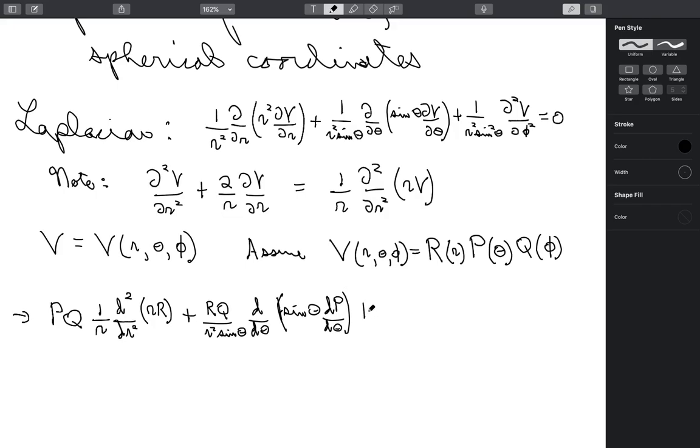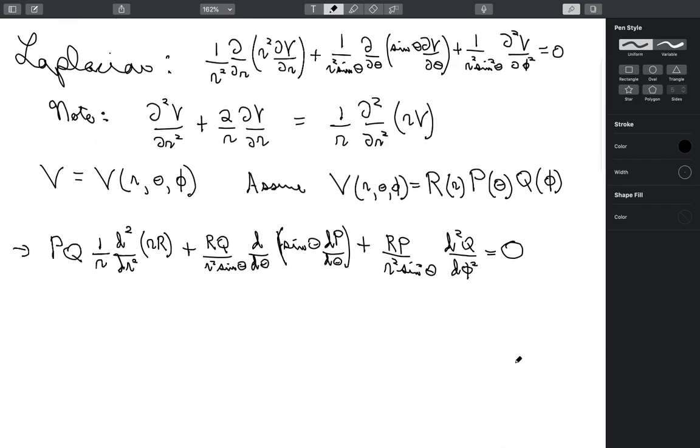And then I would have the other term, which would be R times P divided by r squared sine squared theta, d2Q d phi squared. And this whole thing would be equal to 0.